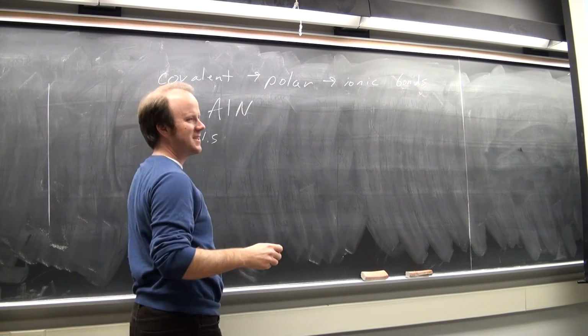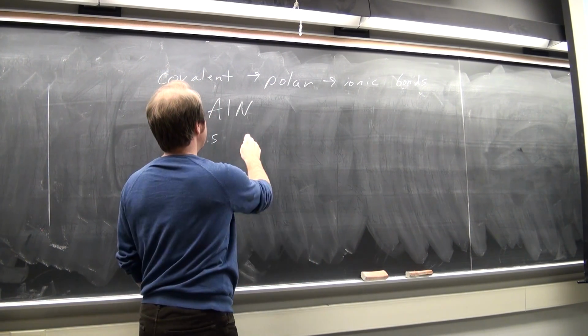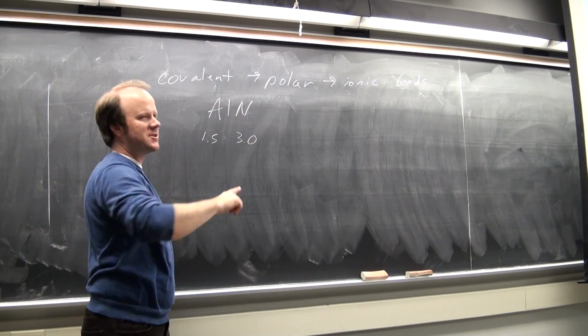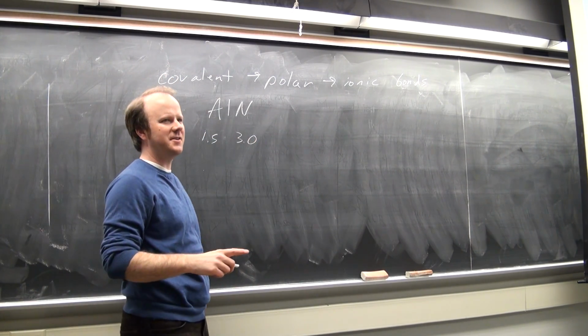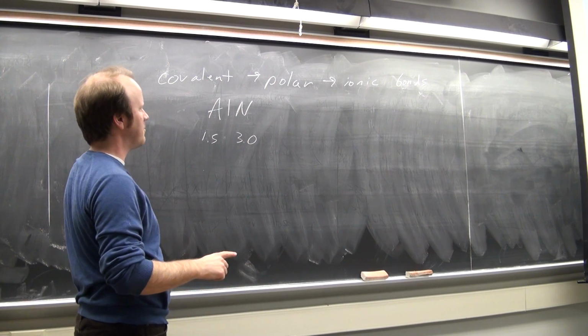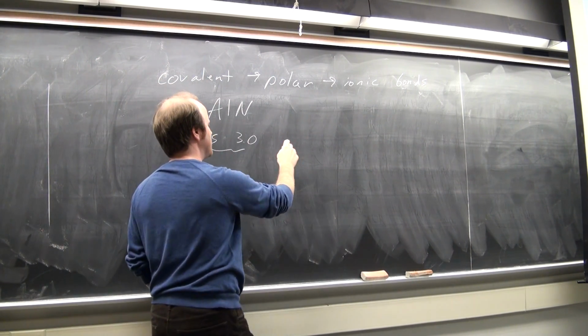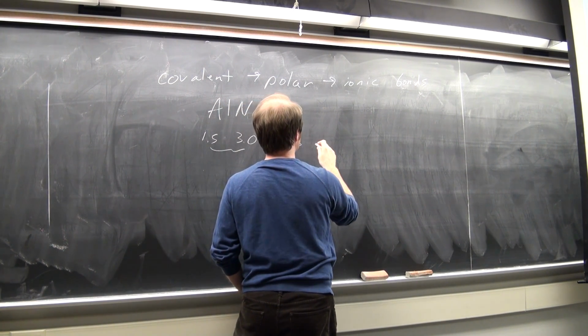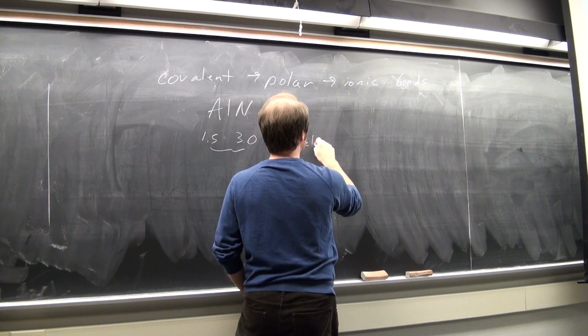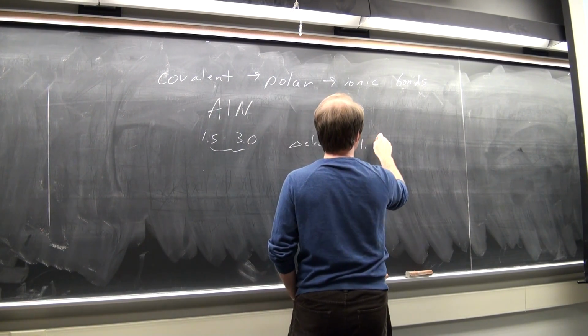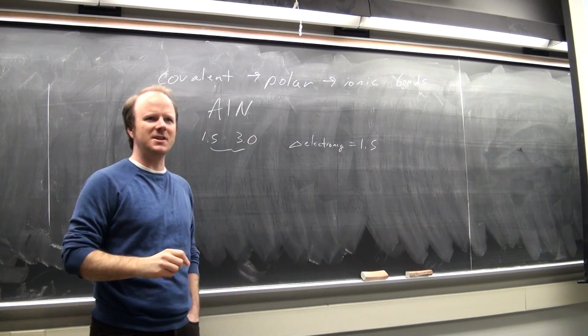What's the electronegativity of nitrogen? 3. So we can determine where aluminum nitride falls on the spectrum of covalent, polar, ionic bonds by looking at the difference in electronegativity. So the delta electronegativity equals 1.5. And so this is a tricky situation, right?